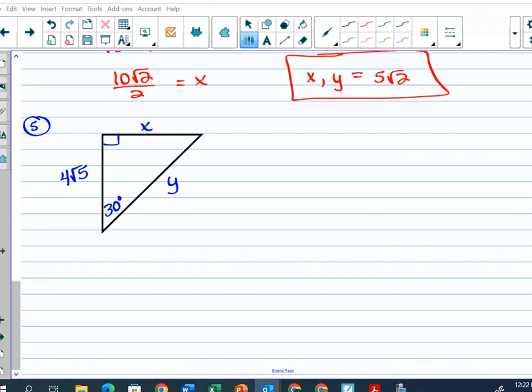What is the short leg always opposite of? The small angle, the 30-degree angle. Short leg's always across from the 30-degree angle.